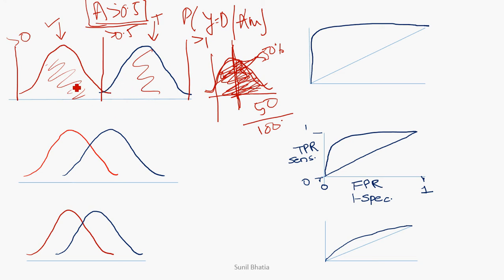So we are going to start from here, at any point greater than 0, and we are going to have default as 1. We are going to say that the person has defaulted. The entire blue area is on the right-hand side, so we label all of these as defaulters.